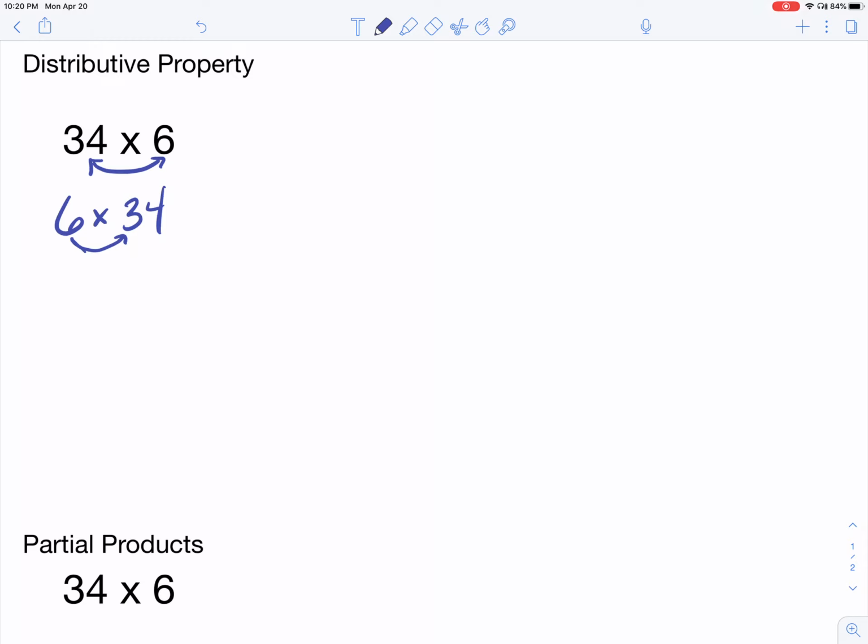It's not really a 3, it's a 30. And it's going to be distributed to the 4. So I'm multiplying 6 times 30 and 6 times 4. So what it looks like is 6 times, and then I'm going to put this in parentheses, 30 and 4.